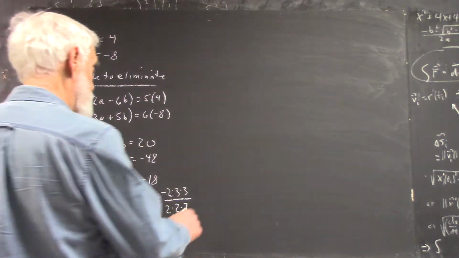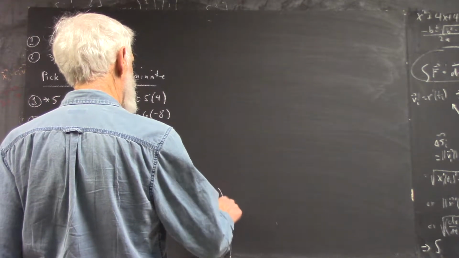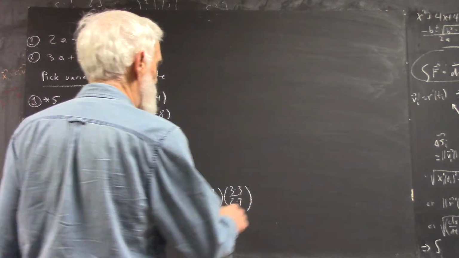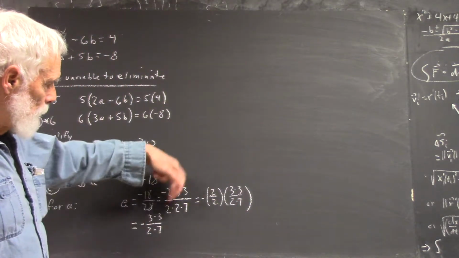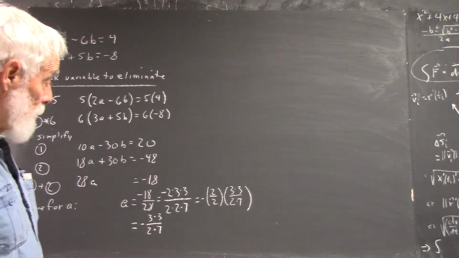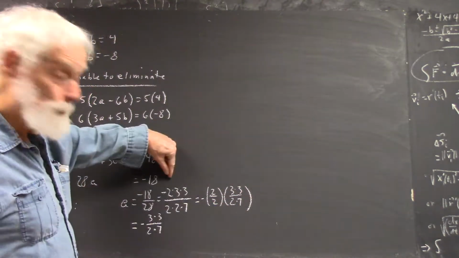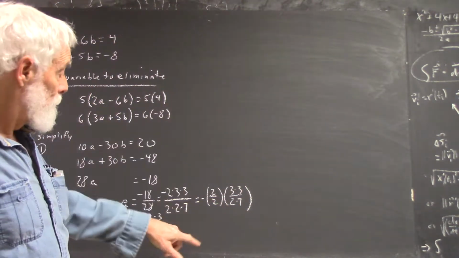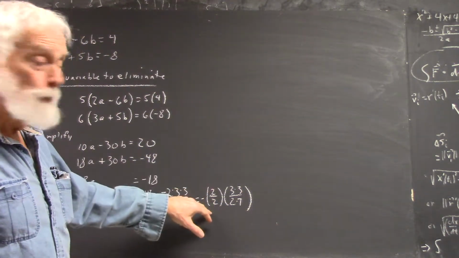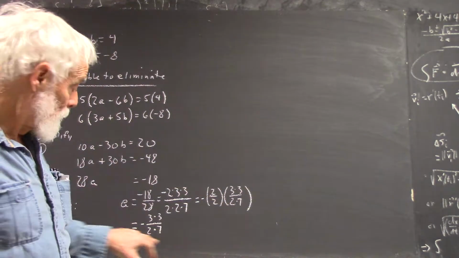You could rewrite this as 2 over 2 times 3 over 2 times 7, because of course your rule for multiplication says, if I multiply this out, I'm going to end up with 2 times 3 times 3 in the numerator, and 2 times 2 times 7 in the denominator. But of course 2 over 2 is 1, and 1 times this is just this, right? So I get negative this.